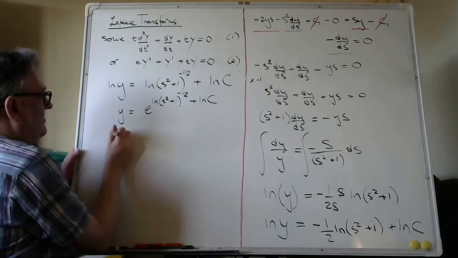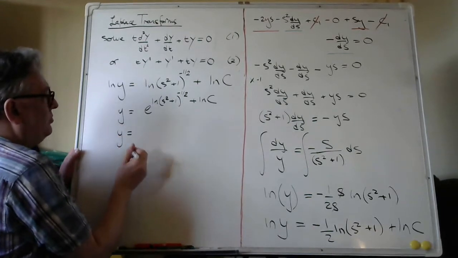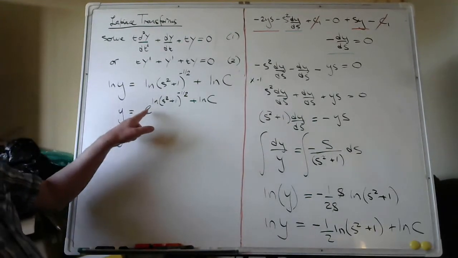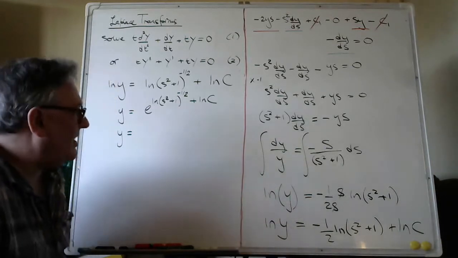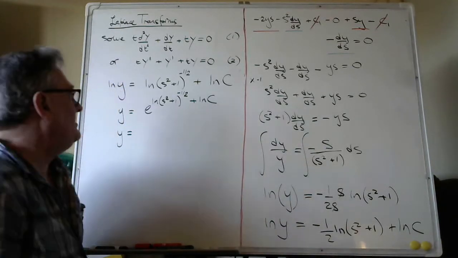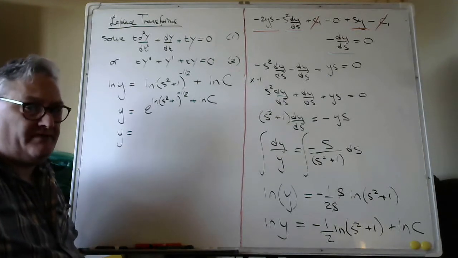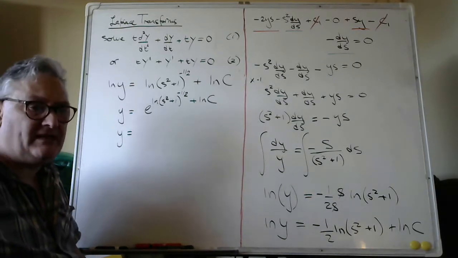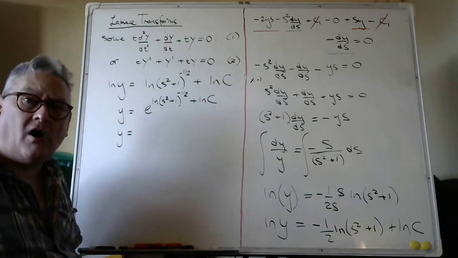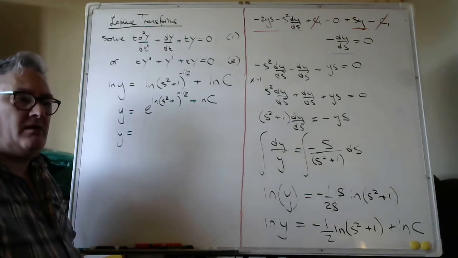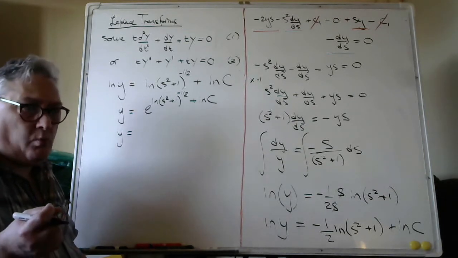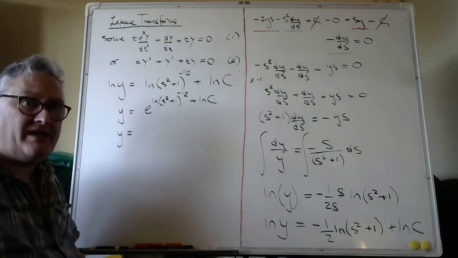Now, this becomes y equals, well, if you remember, in previous videos I've explained that if you have the exponential of a logarithm of 5, then all that comes out to be is simply 5.